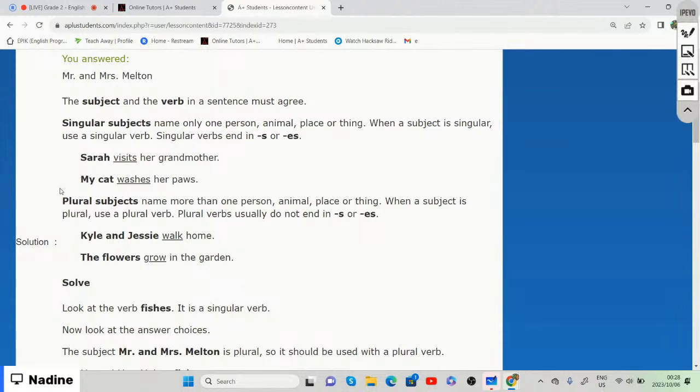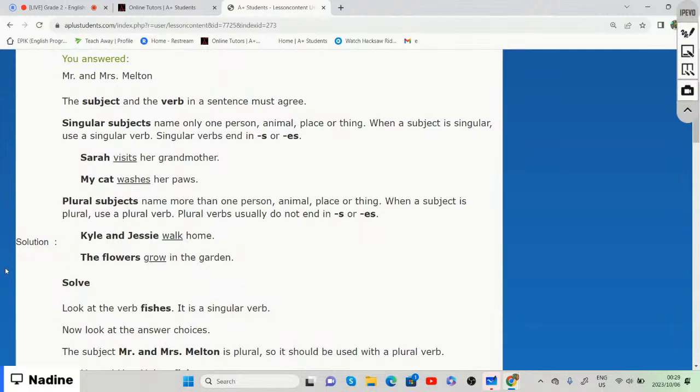And we made an example where we said Sarah visits her grandmother, meaning that if the subject is singular, then our verb will end in s or es.